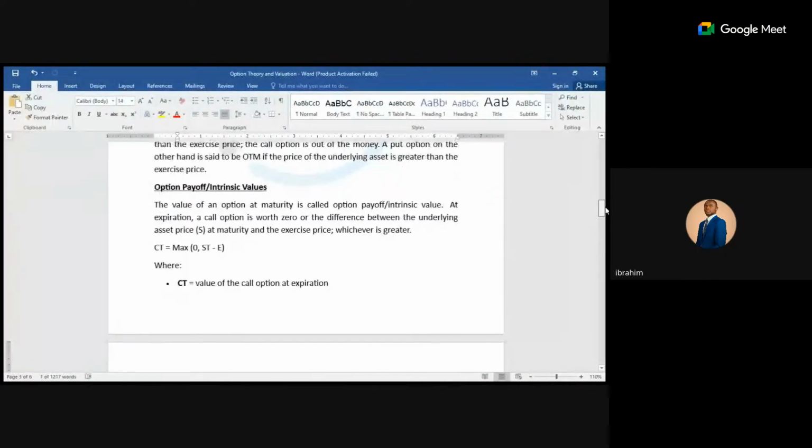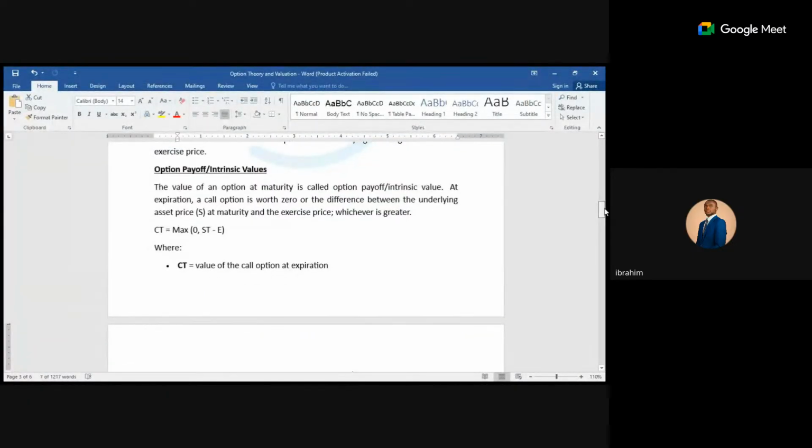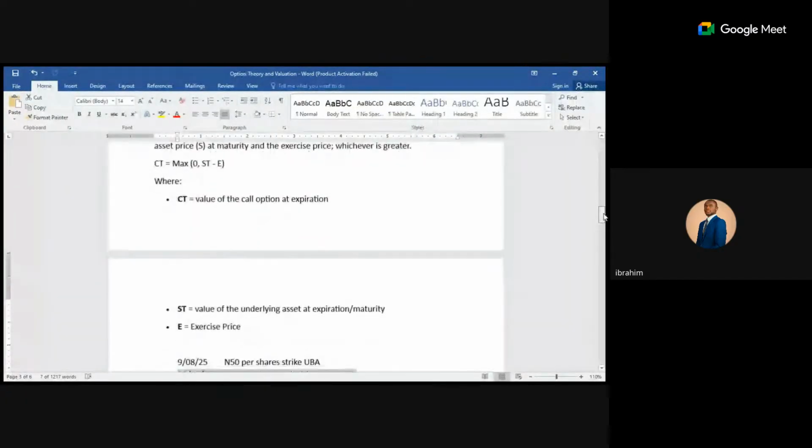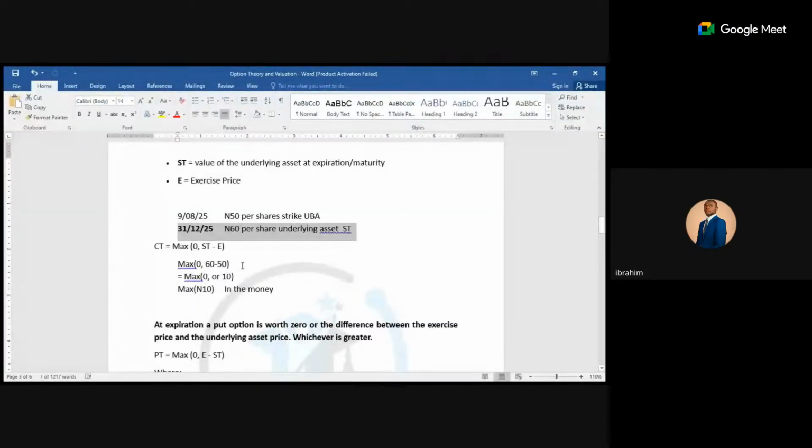So I want to explain the call option under the payoff table. Class, intrinsic value is the value of an option at maturity. Then 10 naira is the price of the call option at the end of the maturity.